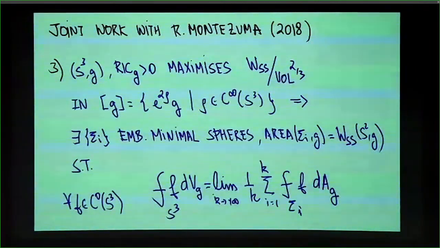On the other hand, since I'm assuming that none of the sigma i's goes through the support of this function, the average will be 0 for every i. And so on the right-hand side, we will be getting 0, and this is a contradiction. Okay? So this is the key idea. So a local maximum basically should have embedded minimal spheres realizing the diastole passing everywhere somehow.